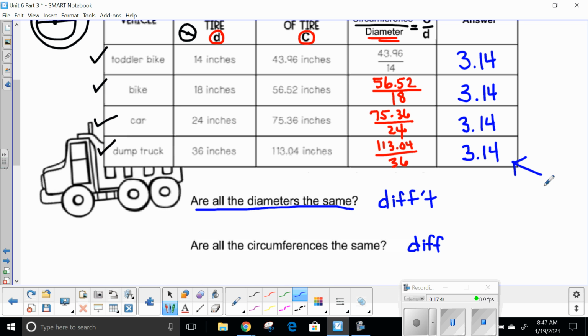It doesn't matter what size the circle was. Does it matter? No. I still ended up with the same number. Doesn't it look crazy?